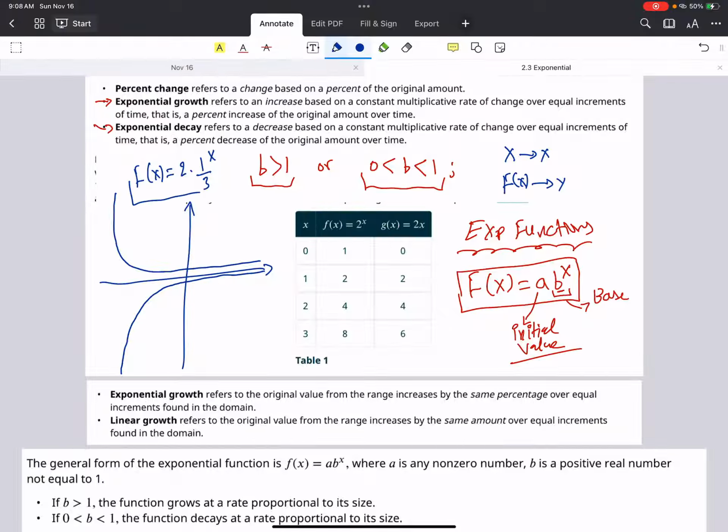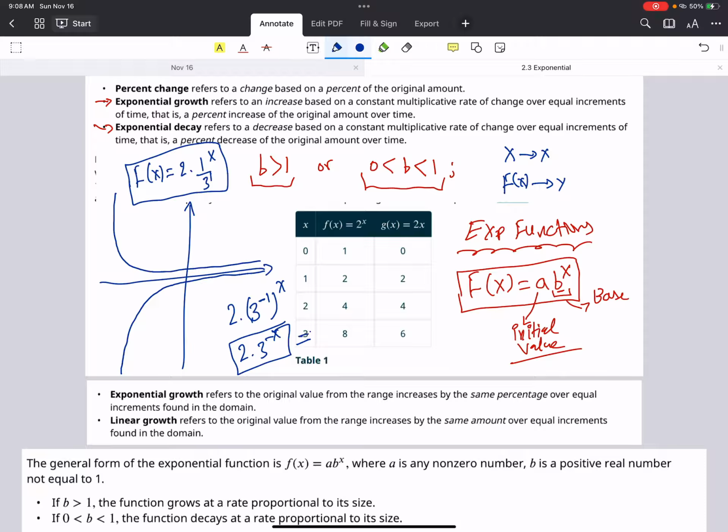Now, if you want to simplify this, isn't this simply 2 times 3 to the power of negative 1, to the power of x? Remember, if I want to find the reciprocal of 1/3, I would just switch the numerator and the denominator. Now I have a negative, so this is simply 2 times 3 to the power of negative x.